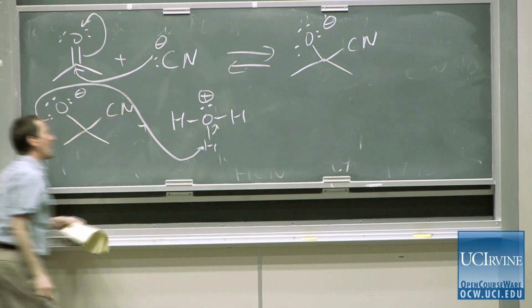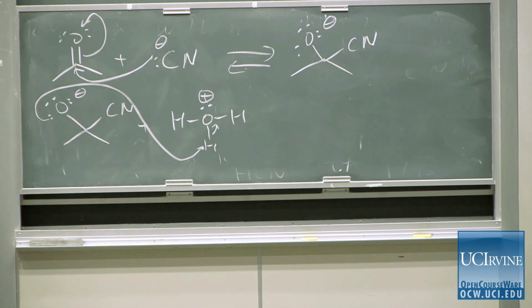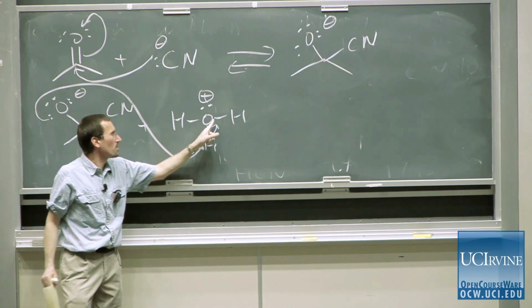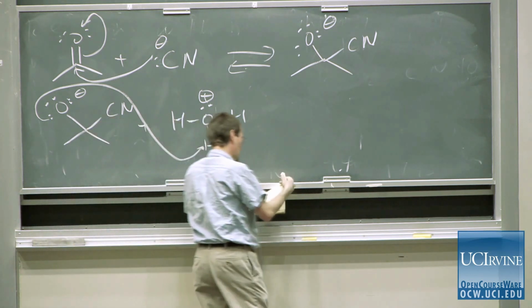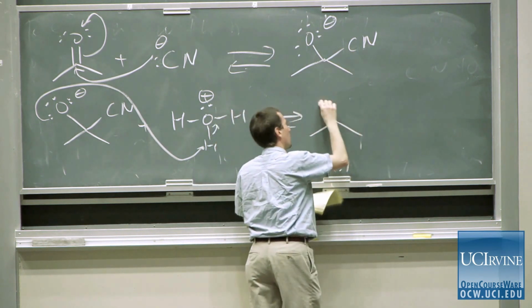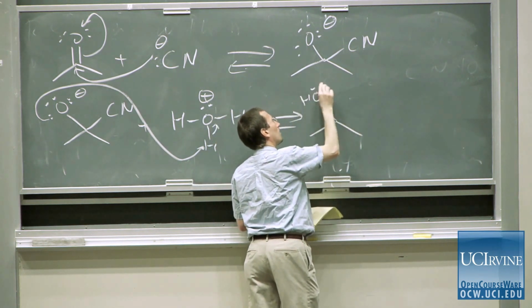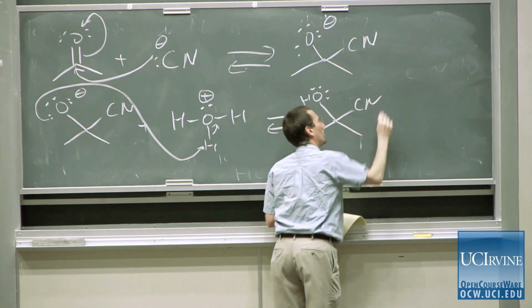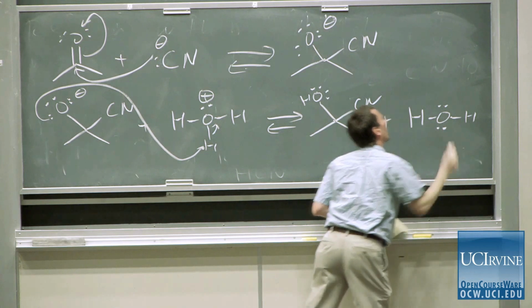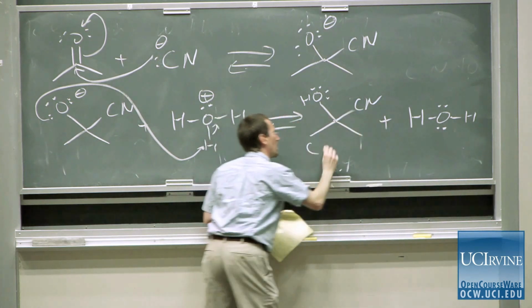Electrons flow from the oxyanion to the hydrogen. That in turn pushes electrons out of the OH bond back onto the oxygen. And we get our cyanohydrin.